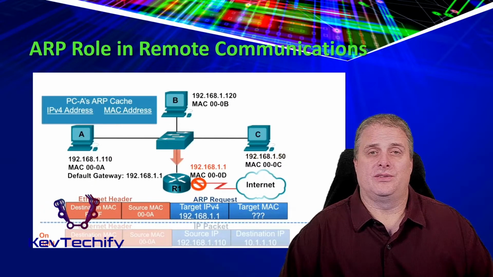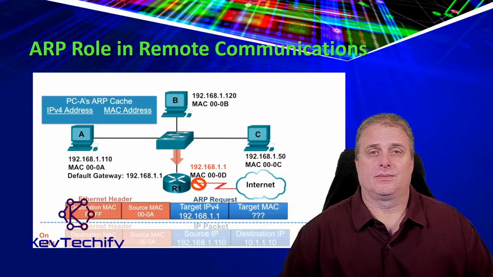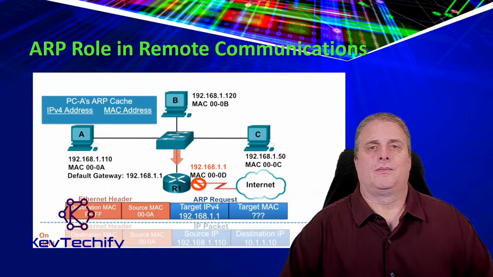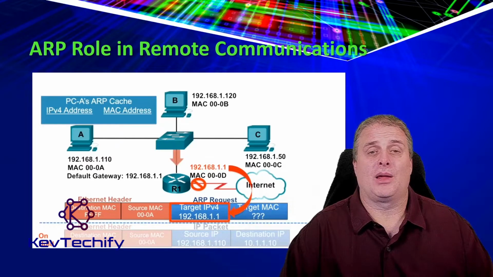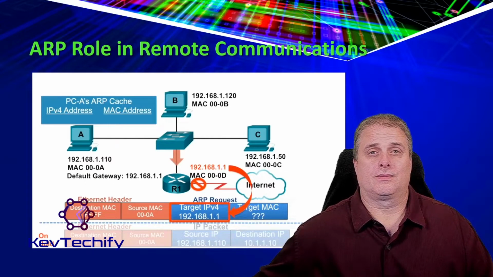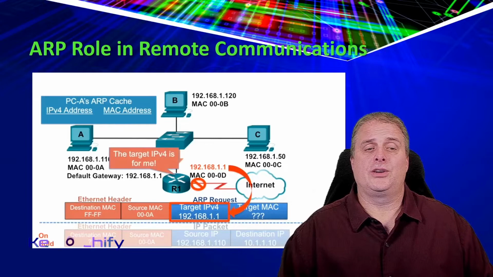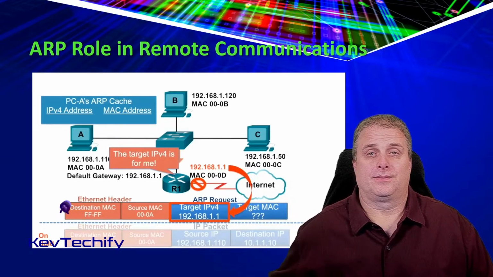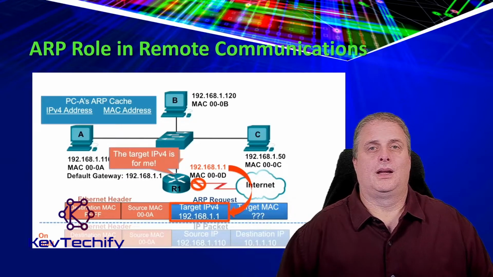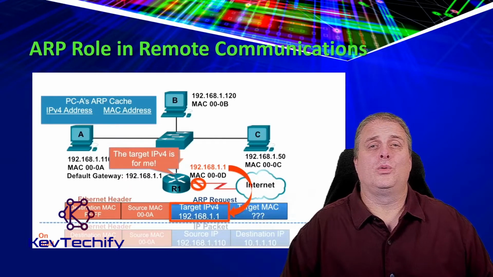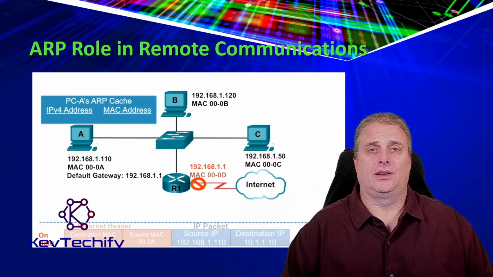Router 1 receives the ARP request, compares its IP version 4 address to the target IP version 4 address. And those two IP addresses, they do match. It is the target of the ARP request. Router R1 will issue an ARP reply in response.